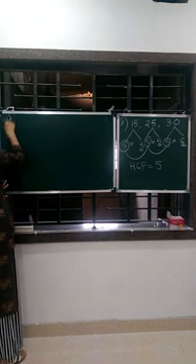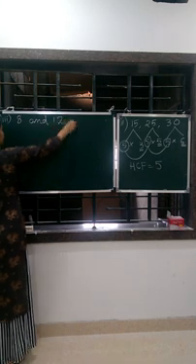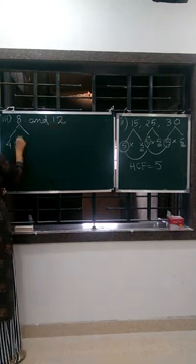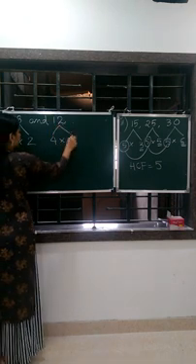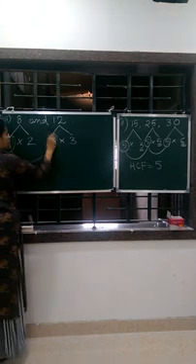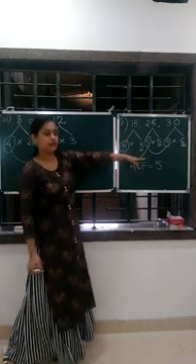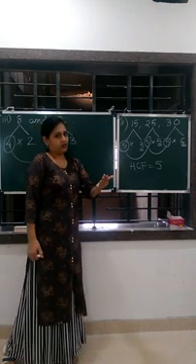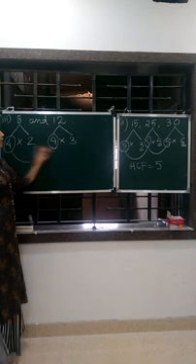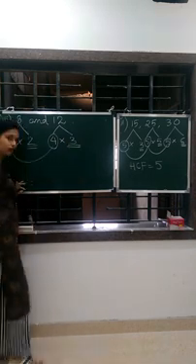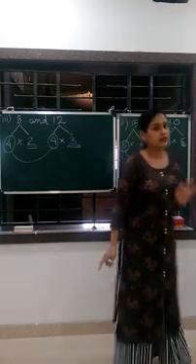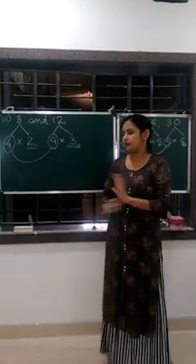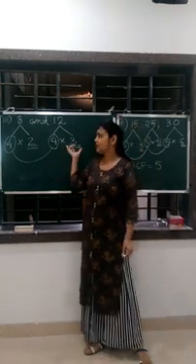8 and 12. So the common factor of 2 and 3 is 1.